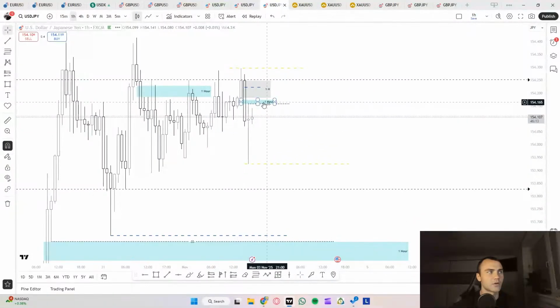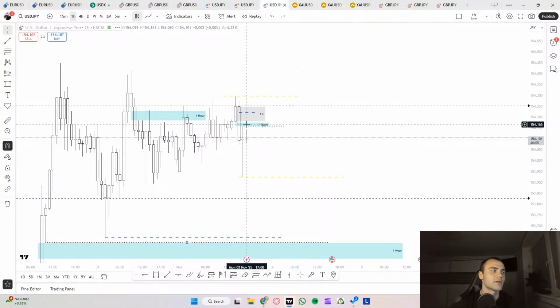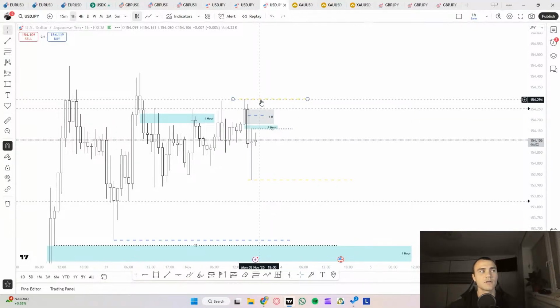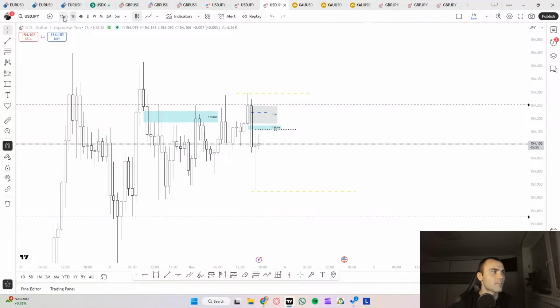I don't want to see a closure in here. Like, if I see a closure, it will not be a very, very good sign. But as long as this high stays in place, shorts are very, very valid. So we got liquidity, we got the imbalance, we got the order block that has taken liquidity.